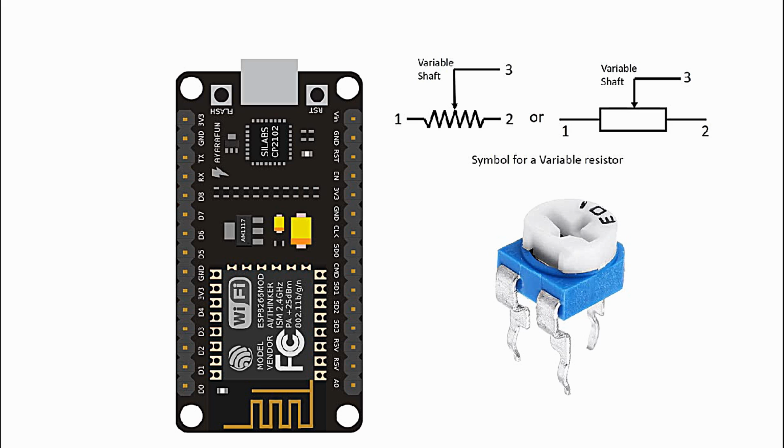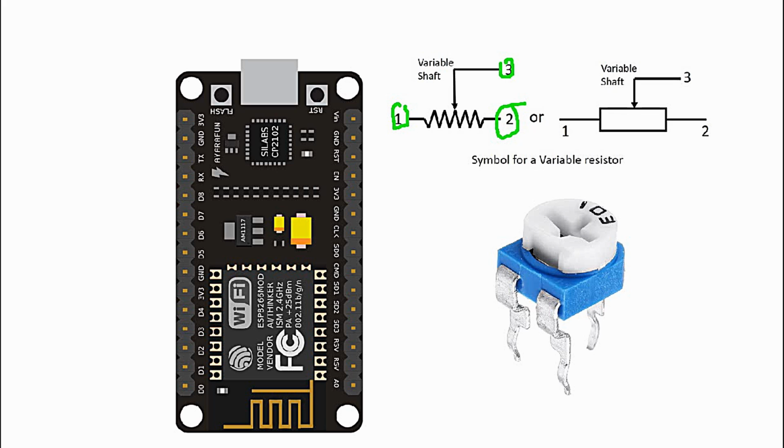Let's discuss in detail the pinouts of the variable resistor first, and then we will move to its connection to the ESP8266. You can see the variable resistor has three terminals, 1, 2 and 3.